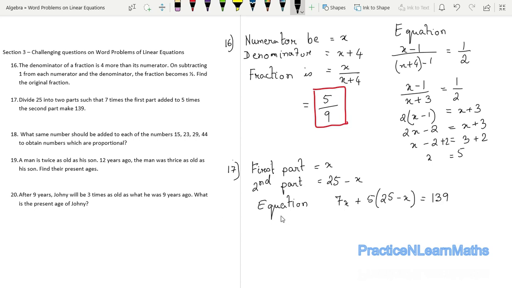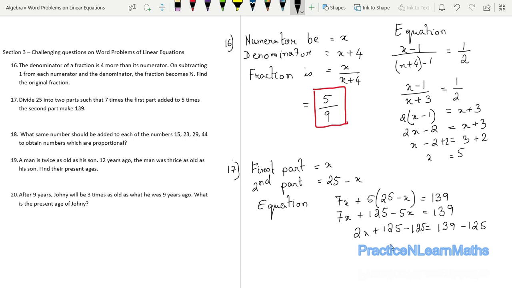We are simply converting the word problem into a mathematical statement. We get 7x plus 125 minus 5x is equal to 139. 2x plus 125 is equal to 139. Subtract 125 from both sides.